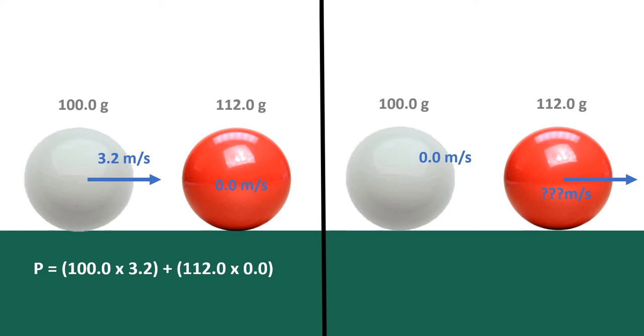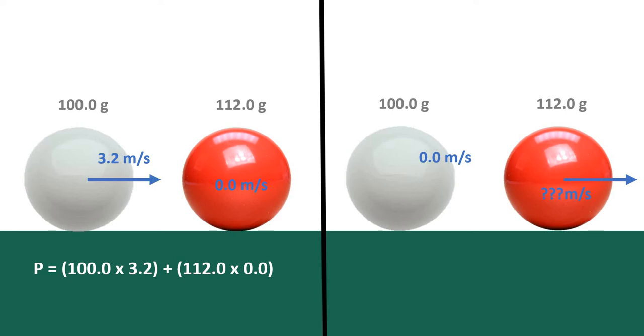So our p value here, p for momentum, is going to be equal to the momentum of the cue ball added to the momentum of the red ball.